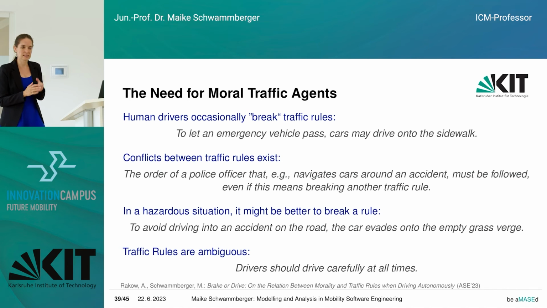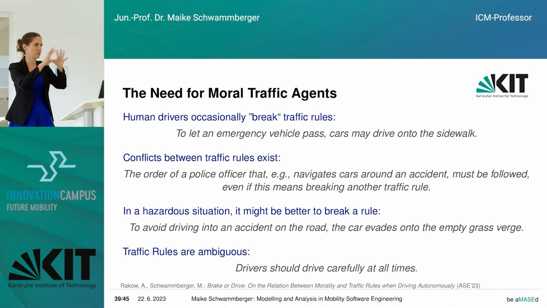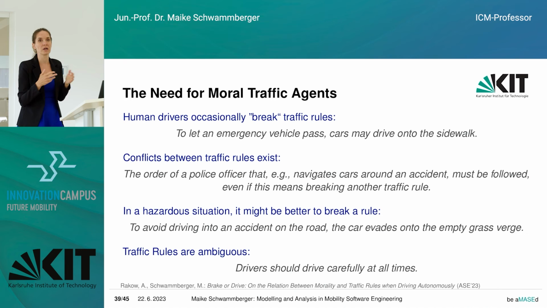For instance, in some situations, we human drivers just break traffic rules to help some bigger goal. If there's some emergency vehicle coming, you drive onto some greenery at the side to let it pass, because this is more important at this point, although normally you are not allowed to drive onto this greenery. So this means we actually break traffic rules.